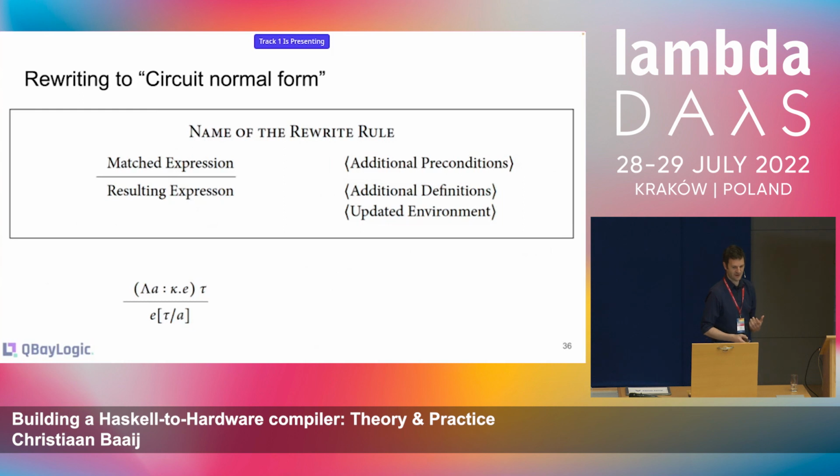One of the simple ones there is that if we have an application of a Lambda expression, so something that takes an argument, then we have the Lambda expression with its body E, and we substitute every occurrence of alpha by the argument tau.